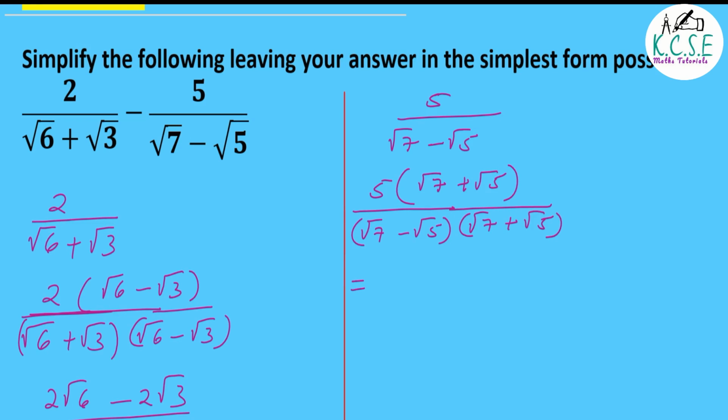The numerator will be given by 5 root 7 plus 5 root 5. The denominator is the difference of two squares, so it will be given by root of 7 squared minus root of 5 squared.